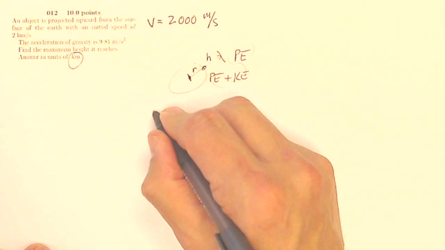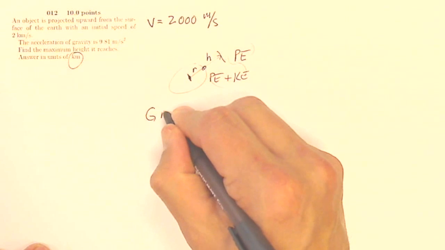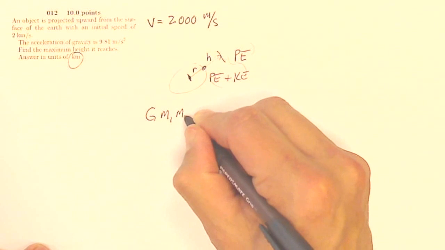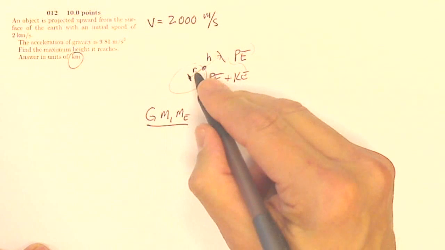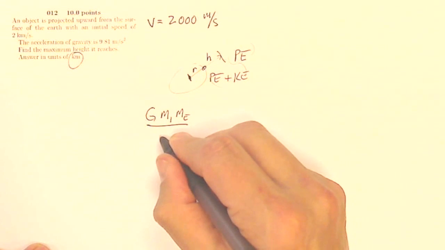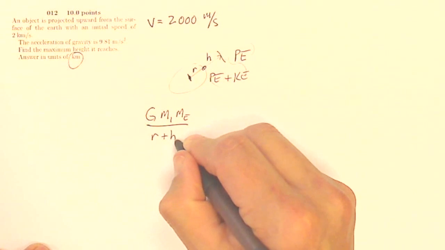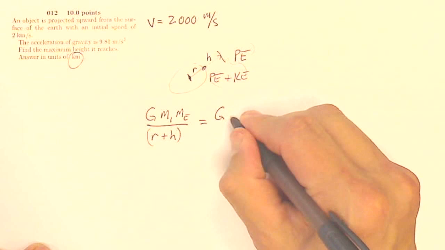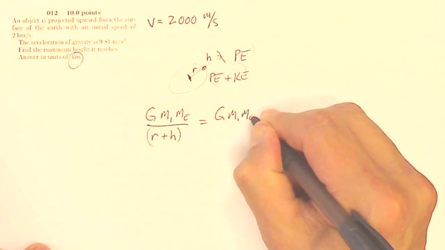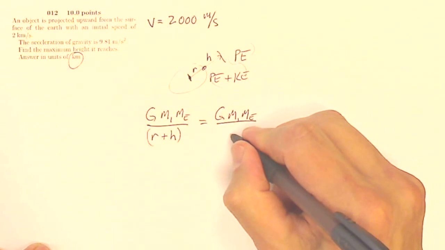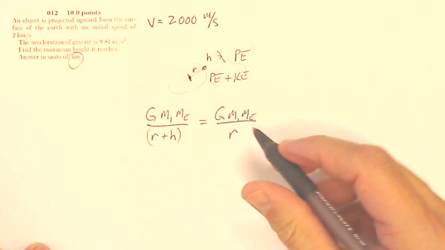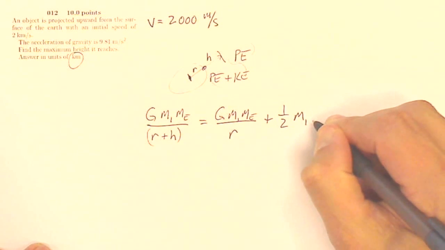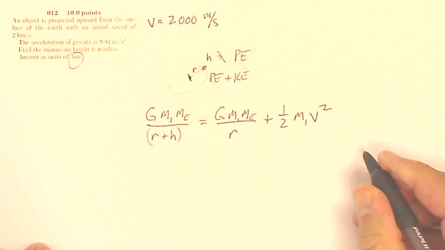So what I get is that G times the mass of the object times the mass of the Earth divided by, let's see, this is r plus h, when it's up above, is going to equal G, mass of the object, mass of the Earth, divided by the radius of the Earth, which I'll just call r, plus the kinetic energy I have, which is 1/2 m of the object times the velocity of the object squared.